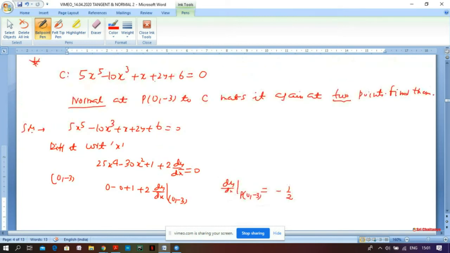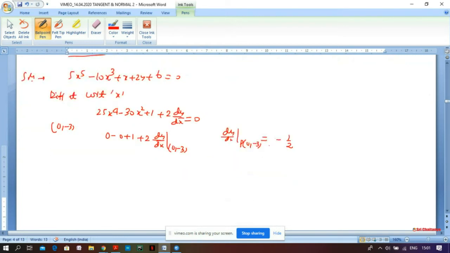So this is the slope of tangent. We need not sketch this curve. So this is the slope of tangent to the curve at point P, minus 1 over 2. And so slope of normal is going to be negative of 1 upon negative 1 over 2, or simply you can turn it over and change the sign. So that is 2. So slope of normal is 2.